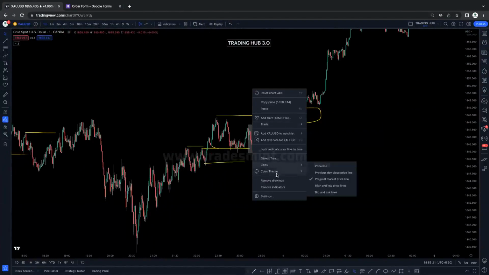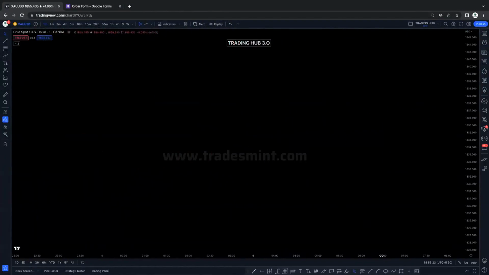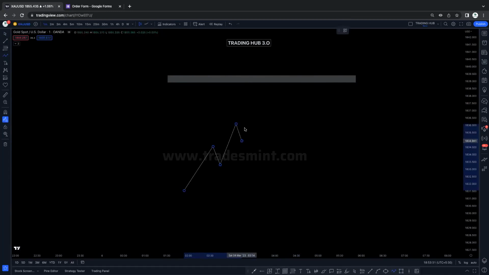Simply, for example, first of all, if you tap on your PD zone, right, like this, and then what happened here?